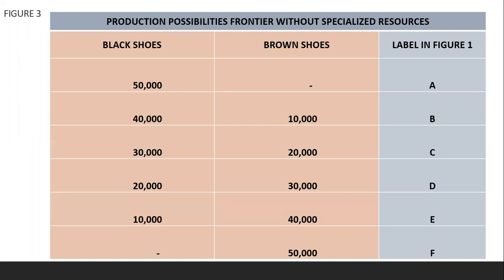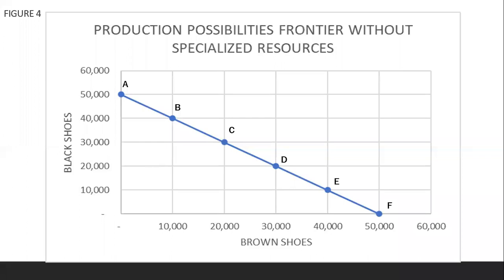And on the next production, the same process applies: you have to reduce 10,000 black shoes to increase the production of brown shoes by 10,000. As you can see in the graph, it shows a straight line, without specialized resources.